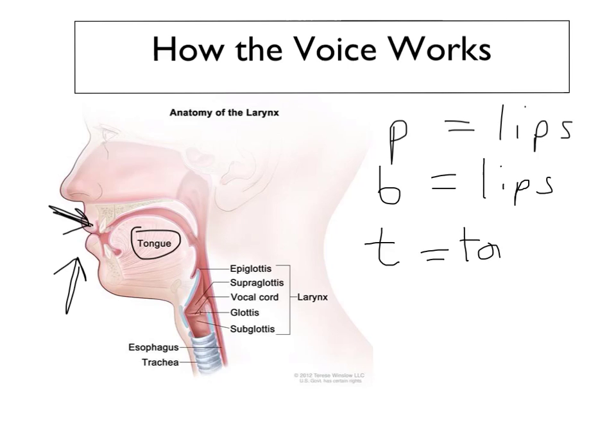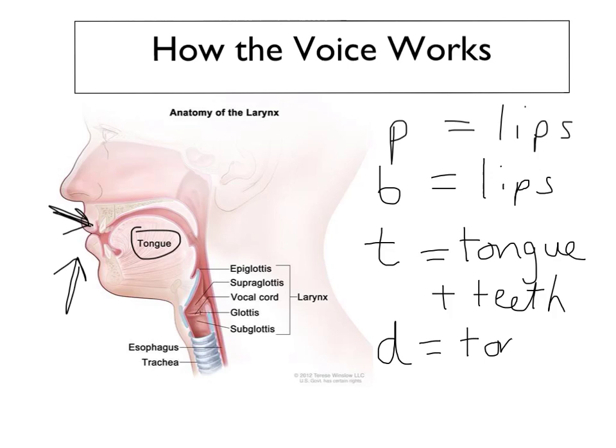So to make a T sound, you have to have tongue plus teeth working together, and that's the same as a D sound, but the only difference between a T and a D is that in the T sound you don't really hear the voice as much, whereas in the D sound it is more pronounced.